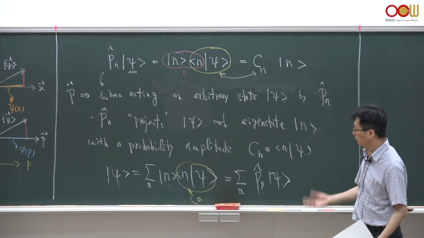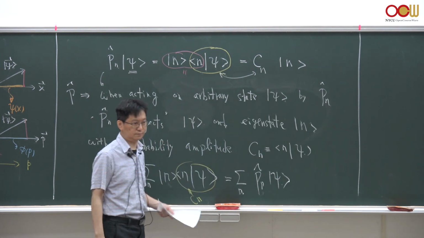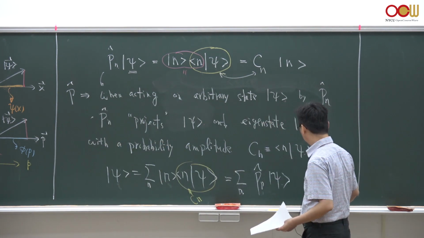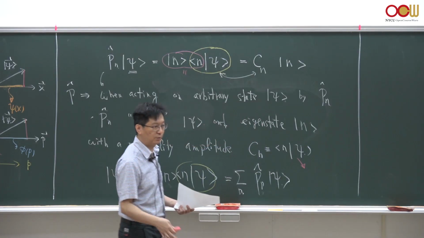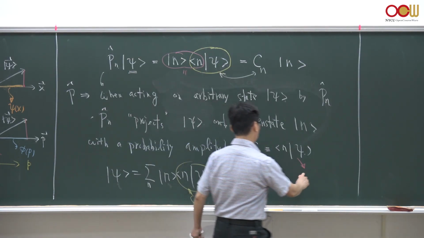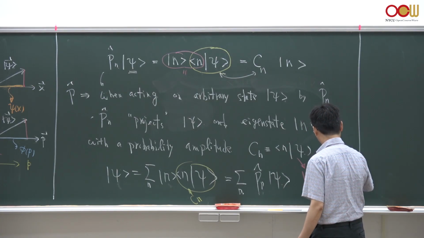And the probability amplitude is given by this coefficient Cn. Okay, so remember, if you really want to link this to probability, Cn squared is your probability.